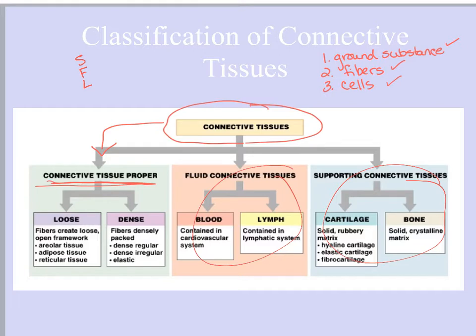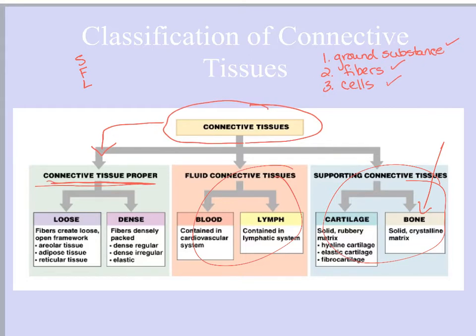So it's kind of your average. Whereas, say, for instance, bone would have a hard, solid ground substance and only one type of fiber and only a few types of cells. So supporting connective tissue, or bone for instance, is going to be real specific, whereas connective tissue proper is a little bit more generic, if that makes sense.